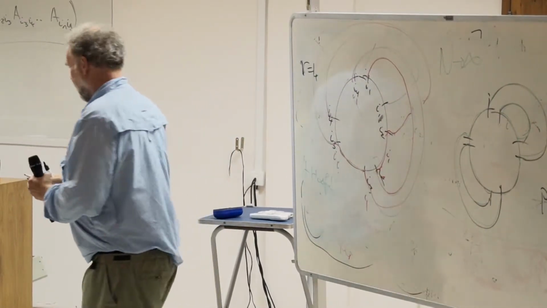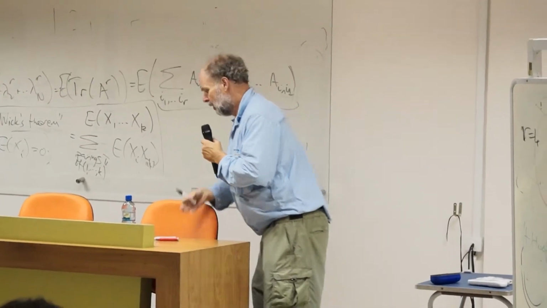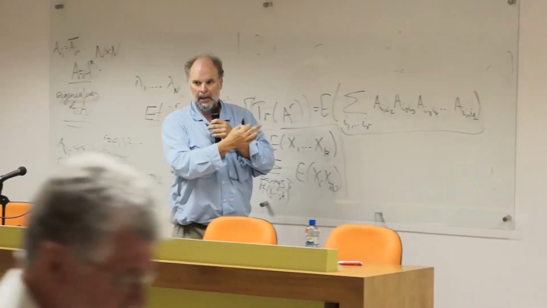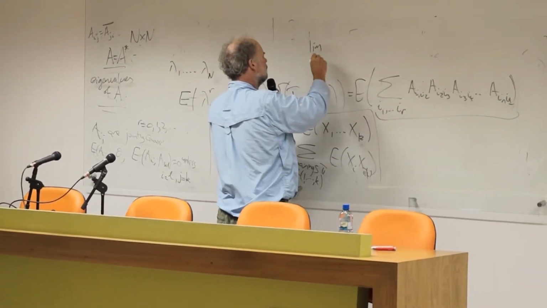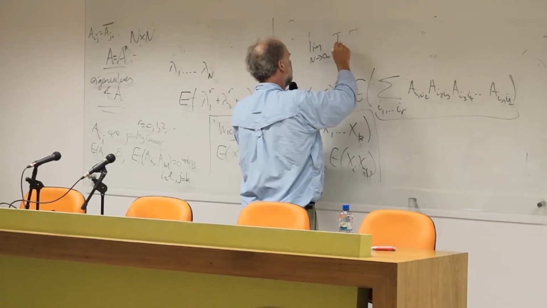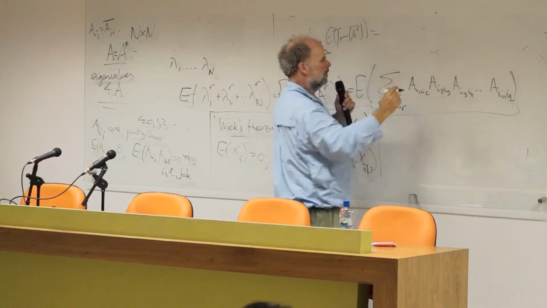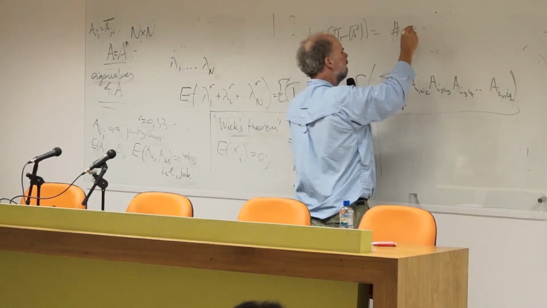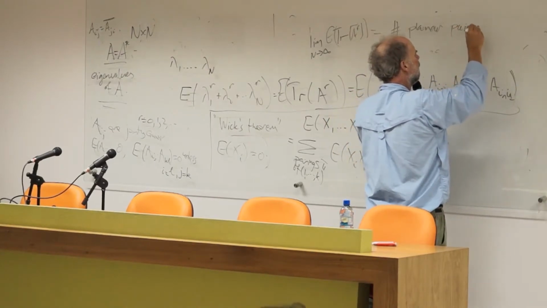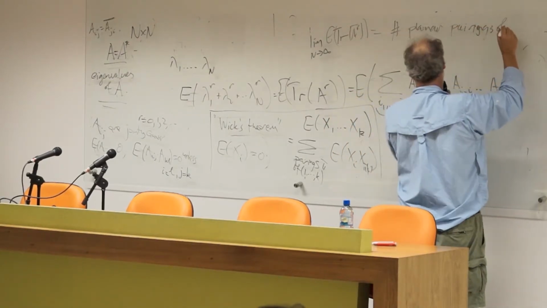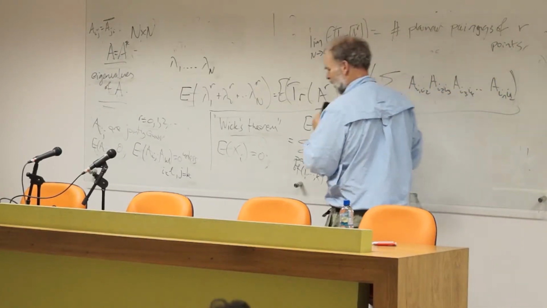Okay? And the result now becomes simple, putting in the numbers for this here: the limit as N tends to infinity of the expected value of the trace of A to the R is equal to the number of planar pairings of R points.